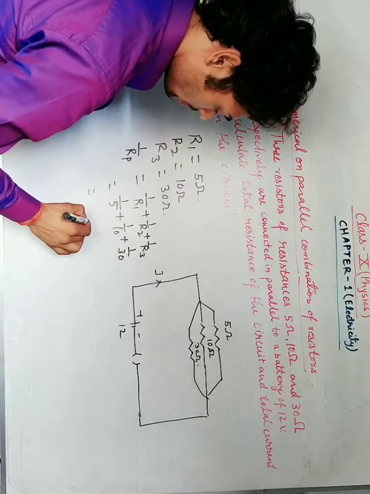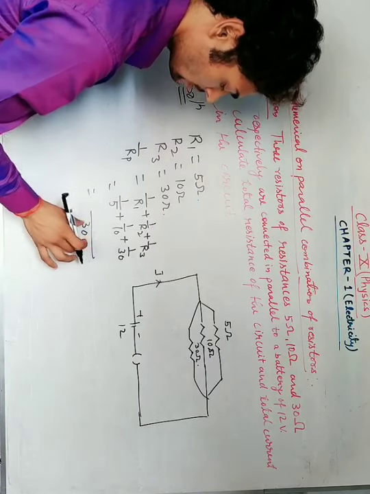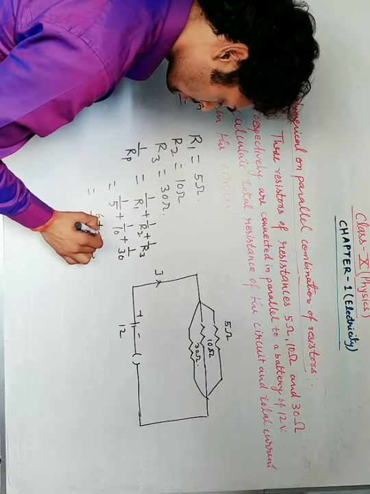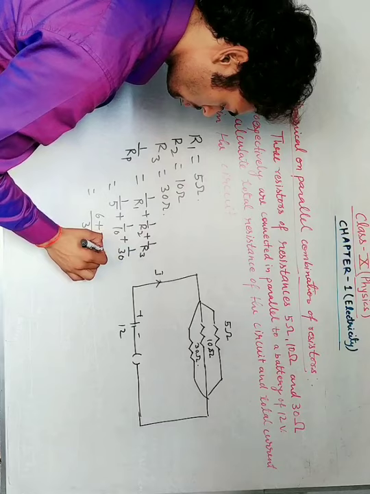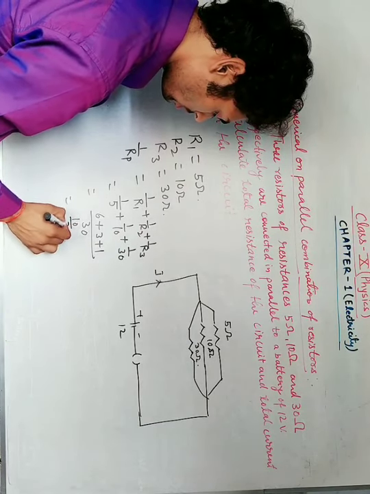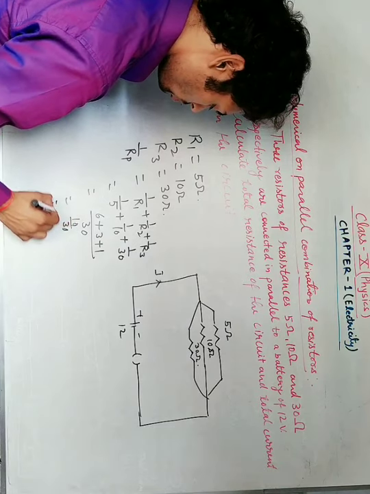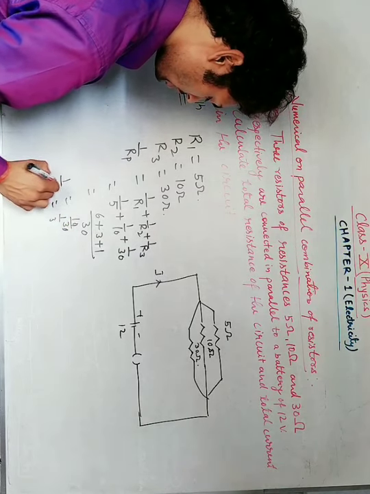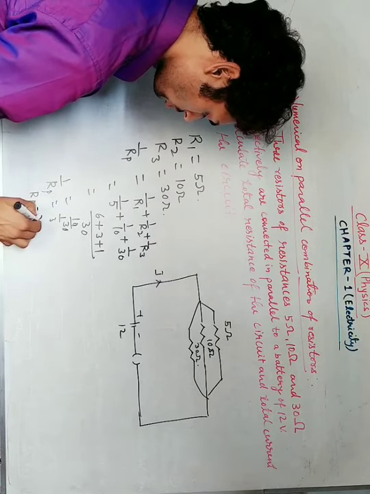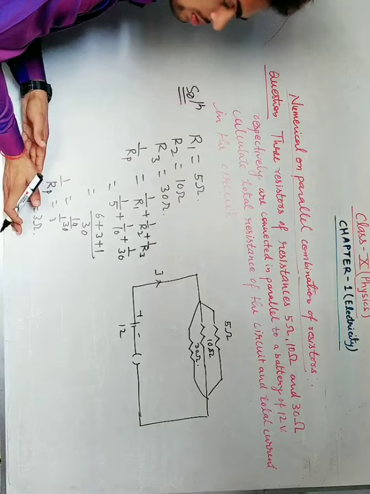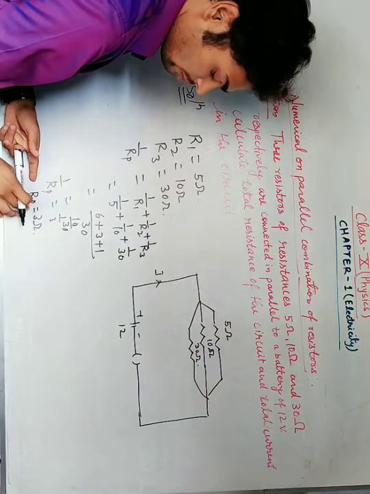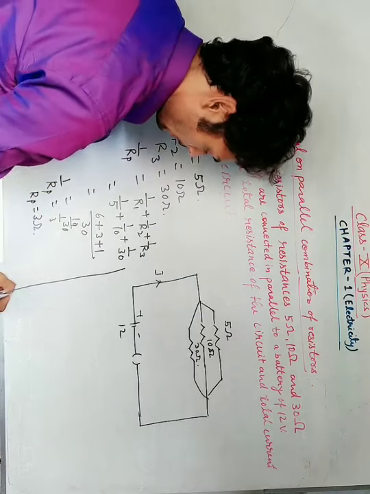LCM of 5, 10 and 30 is 30. Here 6 plus 3 plus 1 becomes 10 by 30, which is equal to 1 by 3. 1 by Rp equal 1 by 3, then Rp equal 3 ohm. Equivalent resistance of this parallel combination is Rp equal 3 ohm.